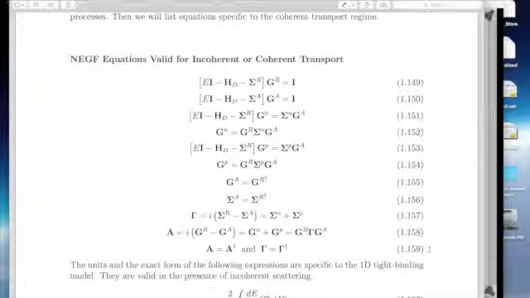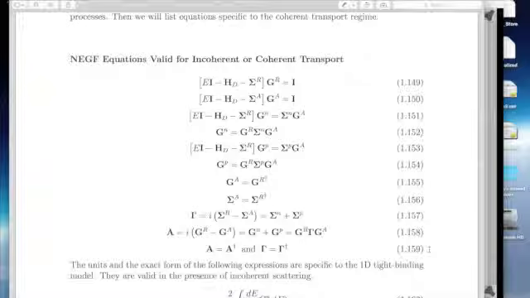They're completely general, whether you include some scattering process or not. If you were to include phonon scattering, then it would just add to that self-energy term. It would be incorporated in that self-energy term. And you would just have a self-energy Sigma^R due to the coupling to the contacts, and another one due to the phonons. If you wanted to, you can just represent it all as one big self-energy.